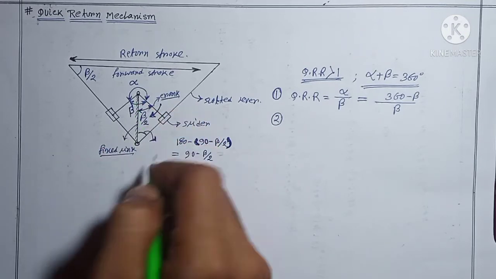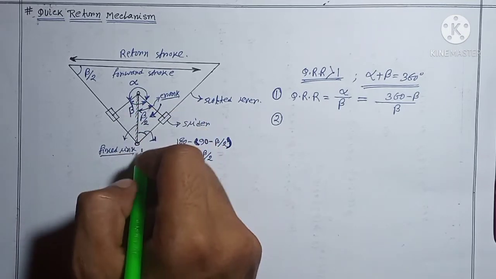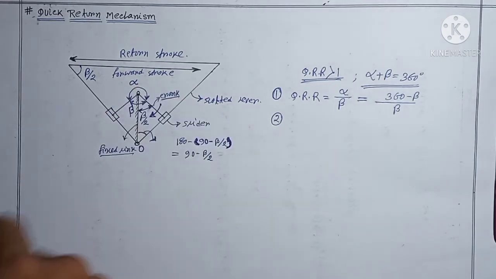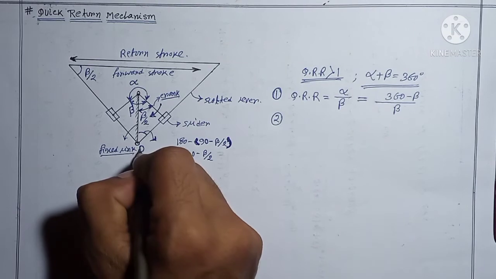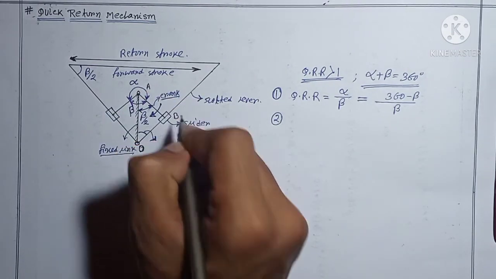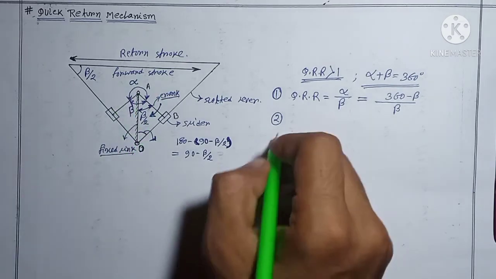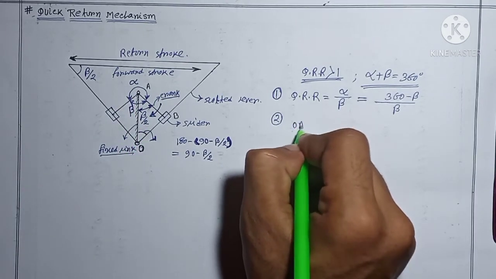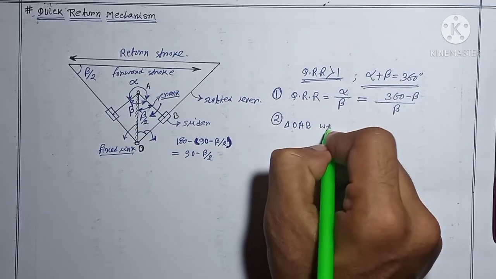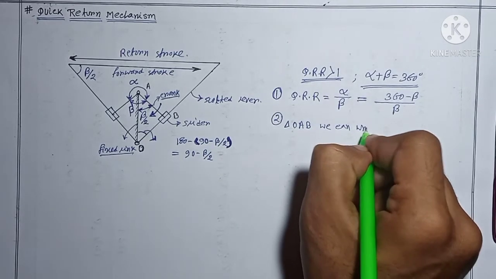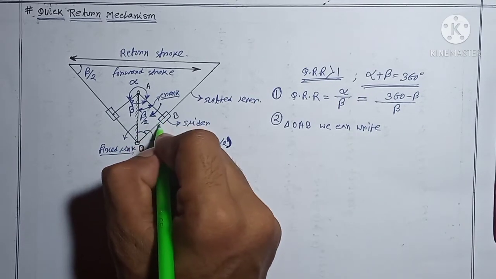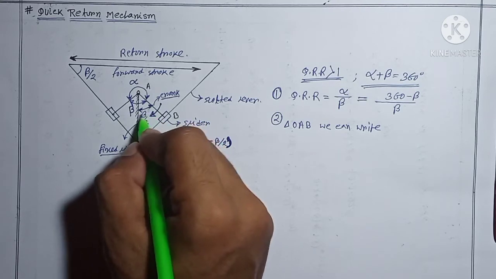From this diagram, let me name the points O, A and B. From this triangle OAB we can write: this angle is 90 degrees and this angle is beta by 2.